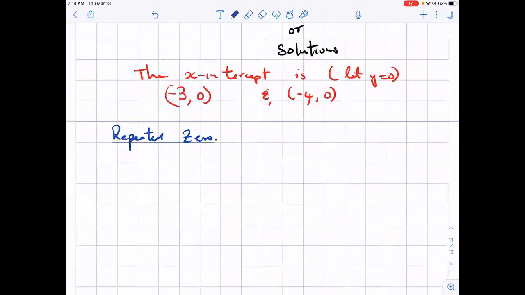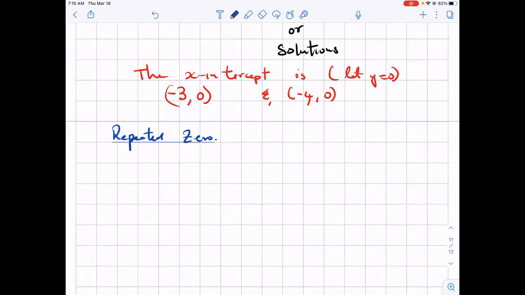We also have what is called a repeated zero, and we talk about this when we talk about multiplicity. So what does this really mean?